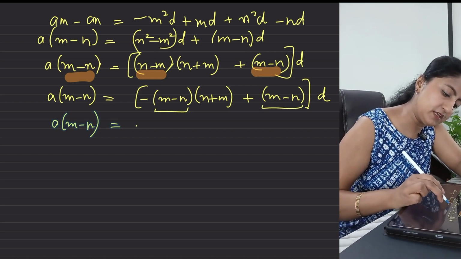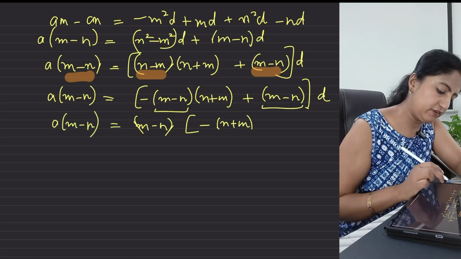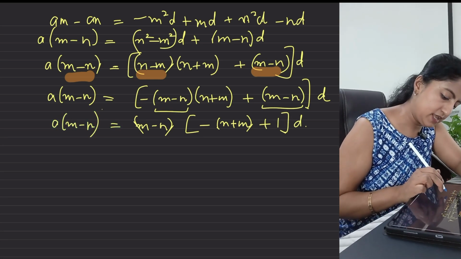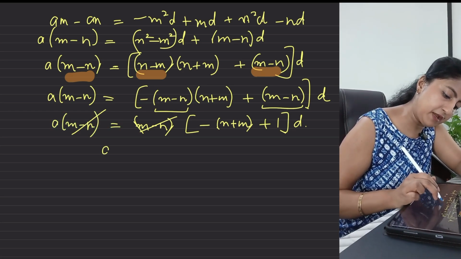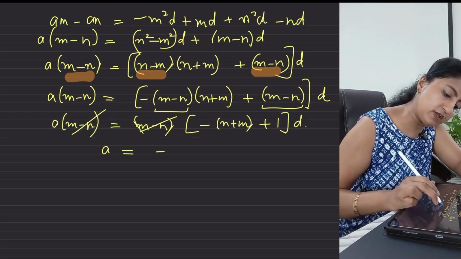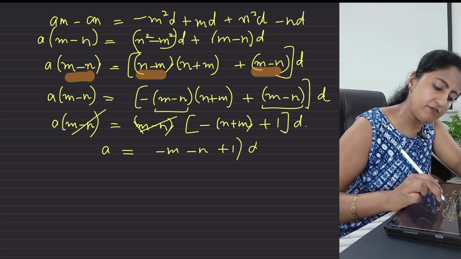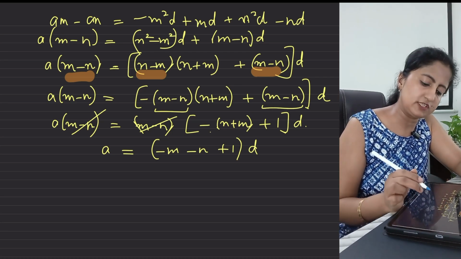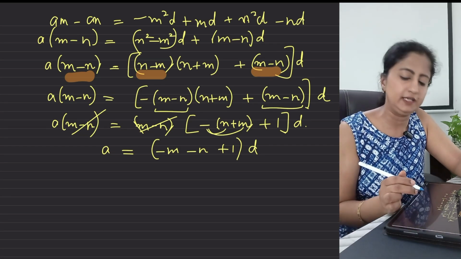And that leaves me with minus times n plus m plus 1 times d. Now, if you see m minus n got cancelled. And what we are getting is a as minus n plus 1 times d, because I opened up the bracket of negative by multiplying this negative with m and n. So this is what we have got. We have got the value of a in terms of d.